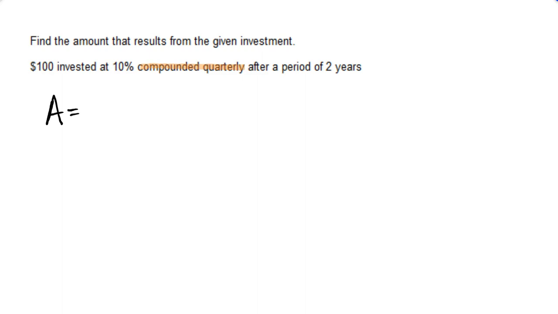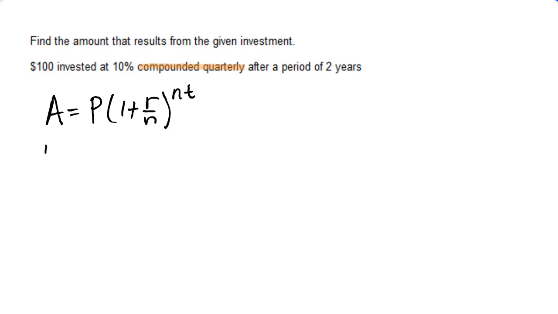We're going to use A equals P times 1 plus r over n to the nt. P is the principal, r is the interest rate, t is time, n is the number of compoundings in 1 year, and A is the amount.